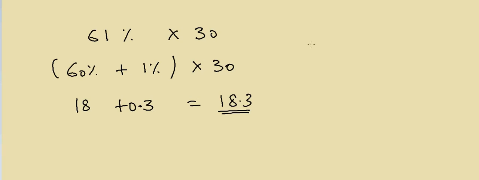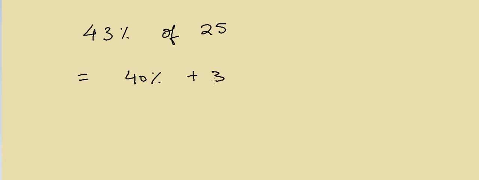Let me give you one more example. If I have 43% of say 25, how will I calculate that? In that case, I can say 40% plus 3% of 25.